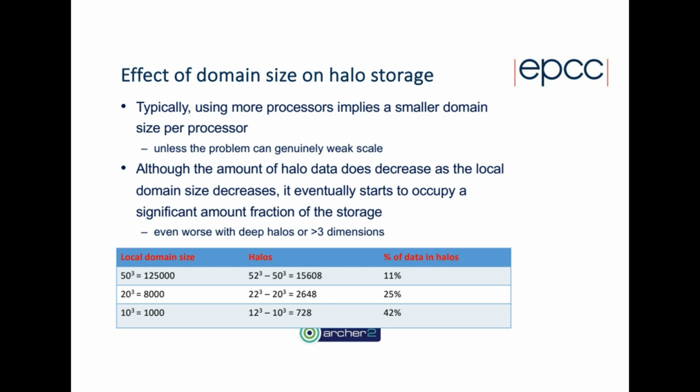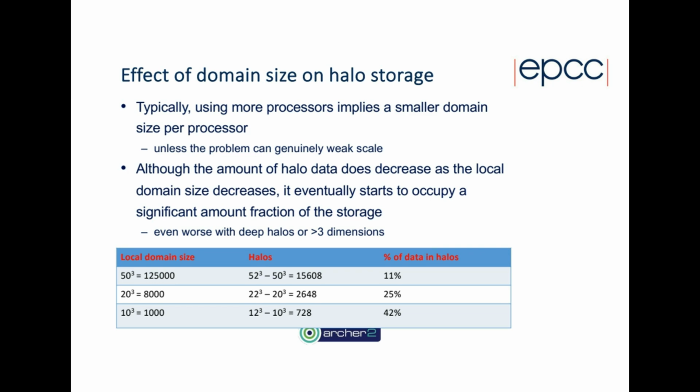In practice, the use of most applications on large machines is neither pure strong scaling, where you're interested in a fixed problem size and trying to get faster execution times by adding more cores, nor pure weak scaling, where your problem size per core remains constant and you increase the problem size by adding more cores. Most applications in practice are used in a mode which is somewhere in between.